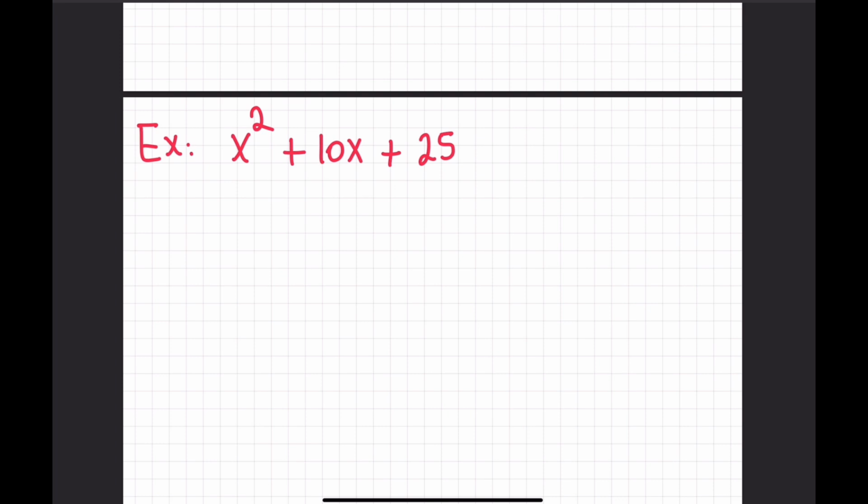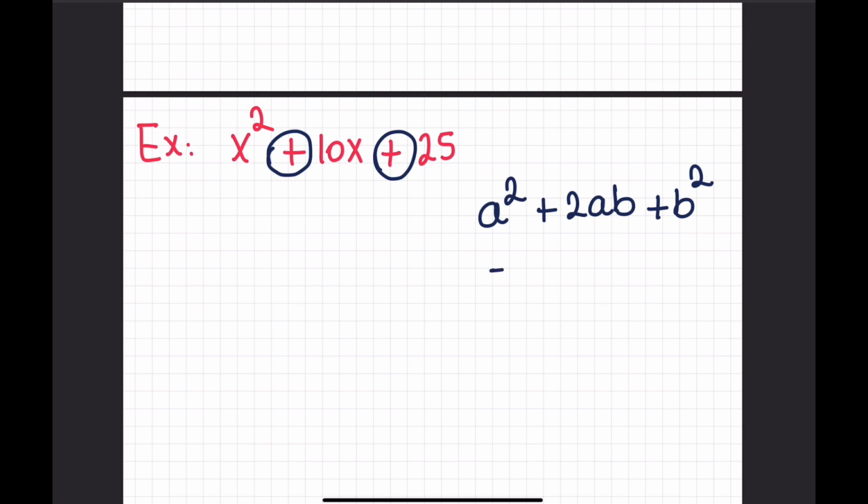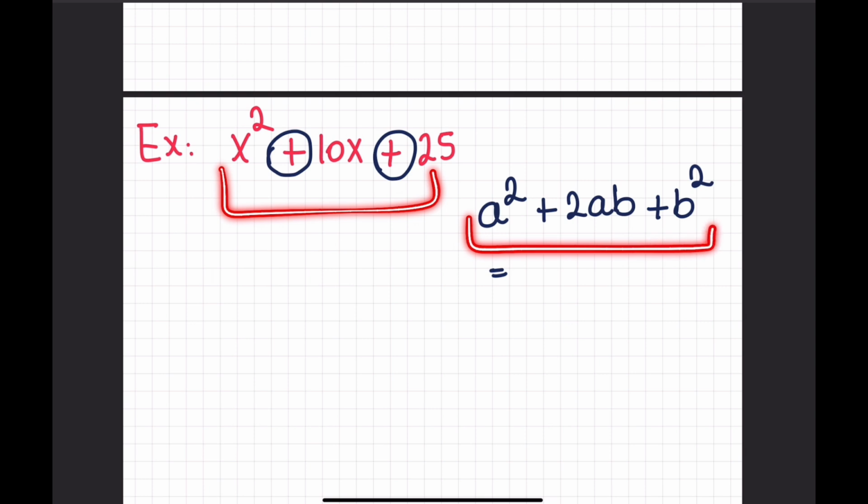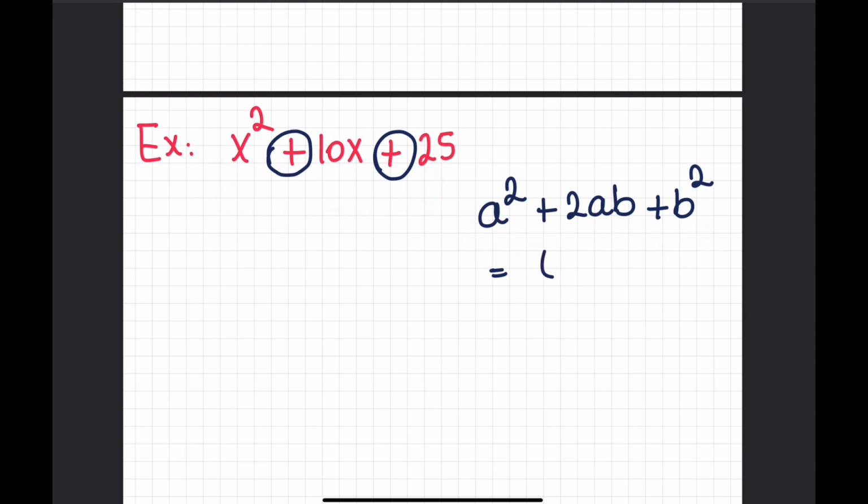So it may seem a little hard. As I mentioned, you need to memorize all these 3 formulas. I'm thinking which of the formulas had all positive numbers inside. It was this one: a squared plus 2ab plus b squared equals (a plus b) squared, which matches the format I have here.